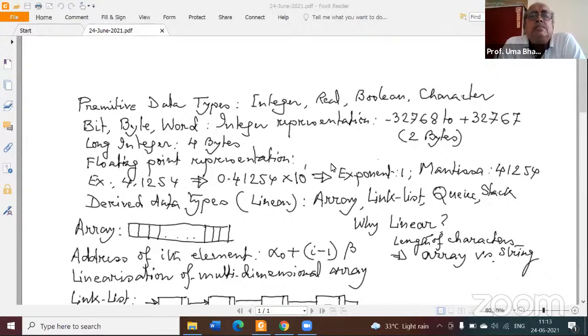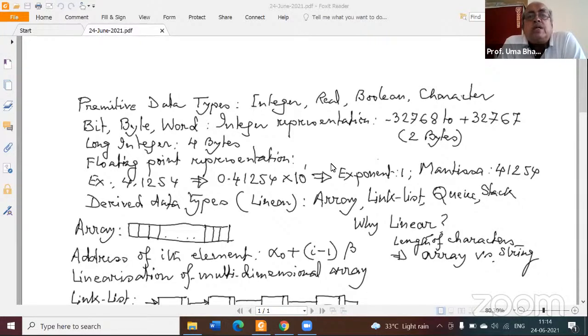Real is actually fractional numbers. Those are stored in floating point representation. What is floating point representation? I've given an example, say 4.1254. Before storing, it will be normalized, to the extent that the point is placed at the extreme left.